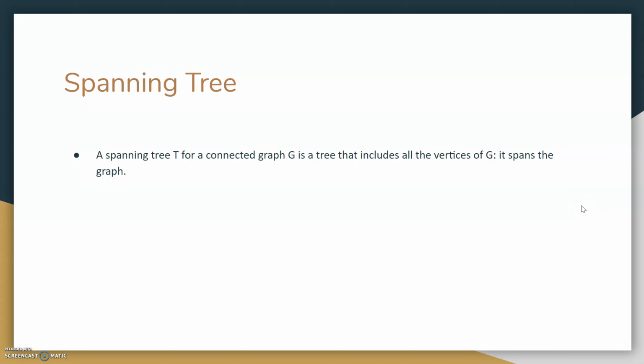So, a spanning tree is a connected graph that is like a tree, which includes all the vertices and spans the graph.